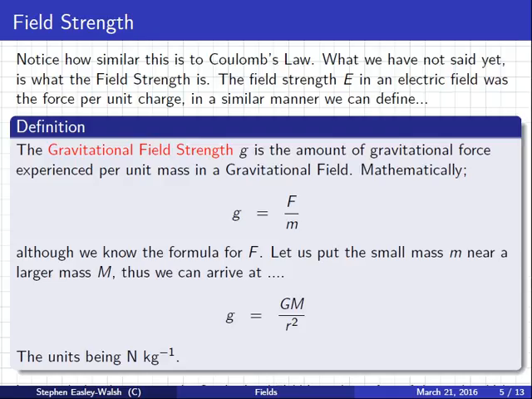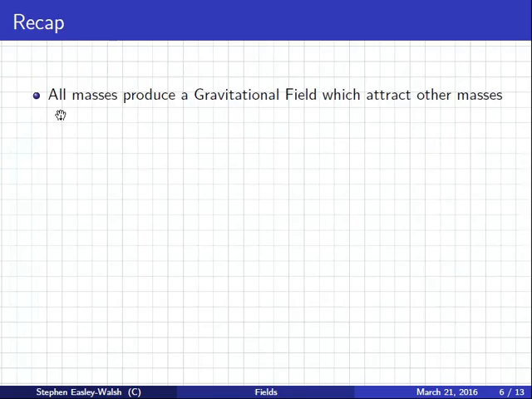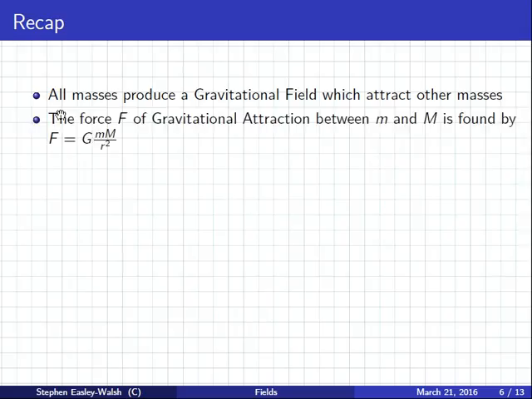Okay, continue. Right, so let's just recap, summarize. You don't have to write this down, we're just taking a recap. All masses produce a gravitational field which attract other masses. The force between m and m is found by using this formula, F equals G mm over r squared.